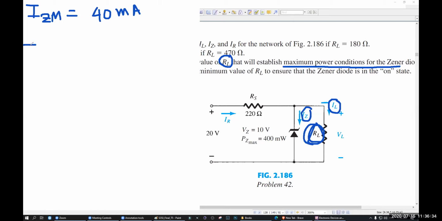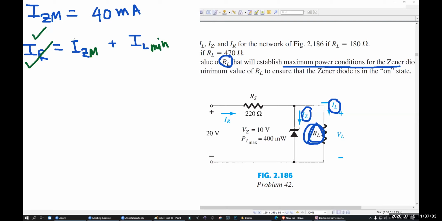Now what is your IR? IR is equal to IZ plus IL. This is fixed, this is not fixed. If IZ is maximum, then IL is minimum.